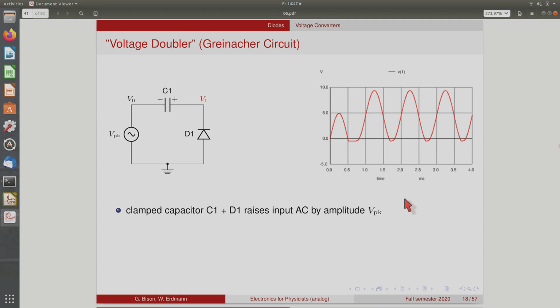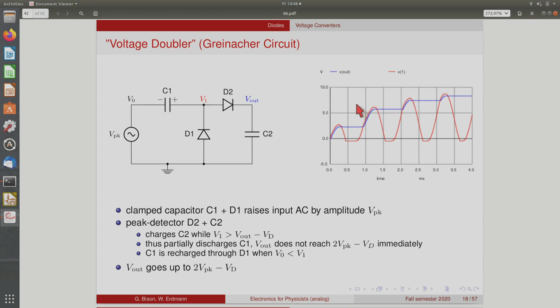So let's see this in action. We start with the same circuit that produces this kind of voltage that we've just seen. So it starts up here, and in the end, it creates this peak voltage that is twice the amplitude of the input voltage. So our peak voltage here is 5 volts, and we get to twice of that with this principle that we've just discussed.